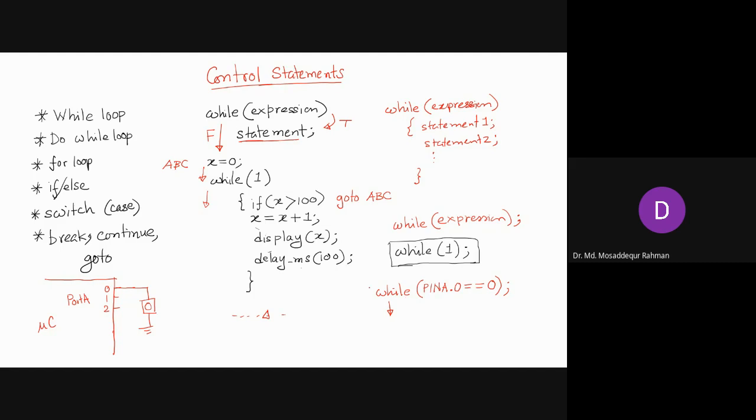As soon as you get signal high here, here's 1, it becomes false, so it will proceed to the next statement. It will take whatever action it has to take now. Is that clear, guys?